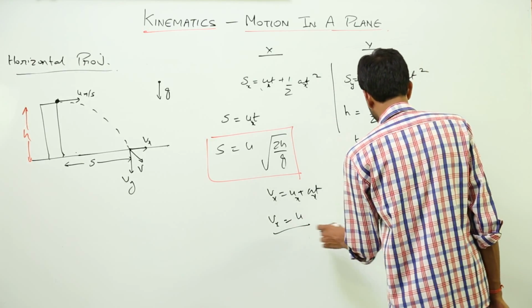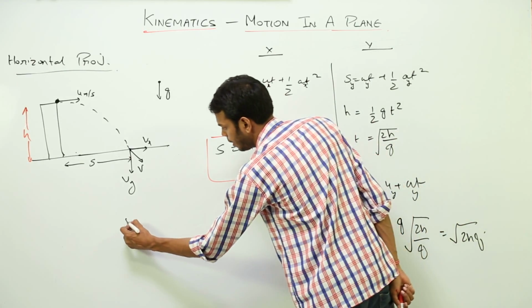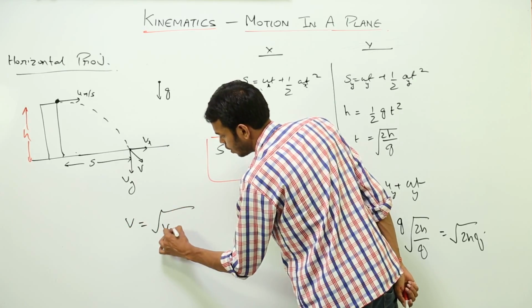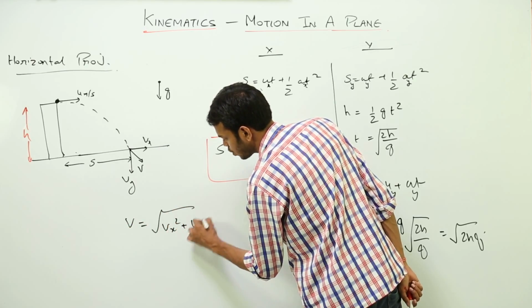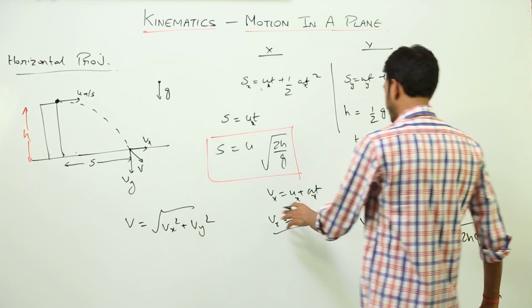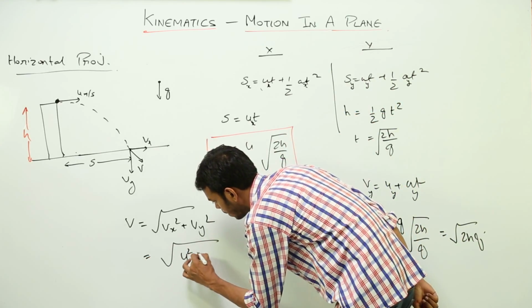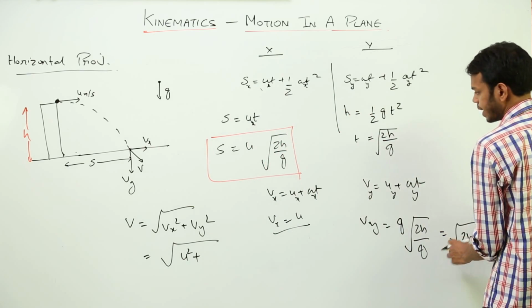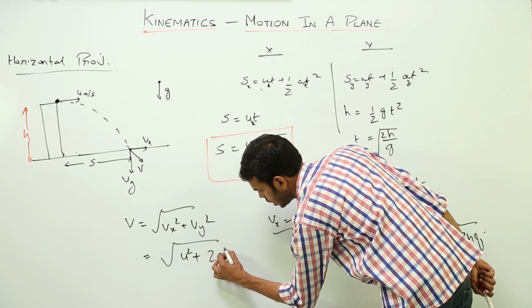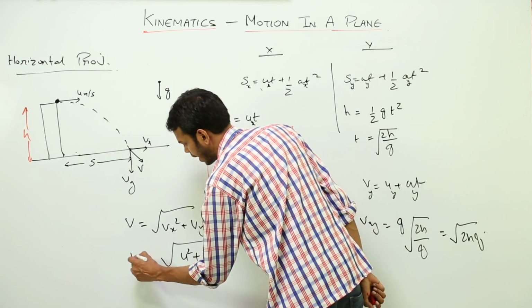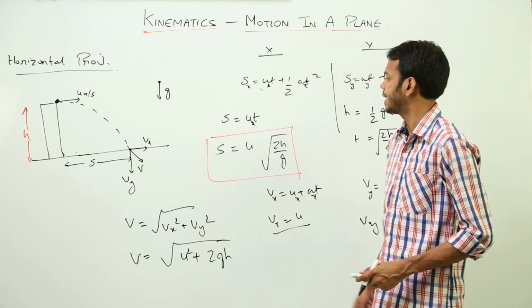So vx is this and vy is this, so v is what? Under root vx square plus vy square. So we have under root u square plus this one square, so 2hg or 2gh. This is the formula for final velocity with which the object strikes.